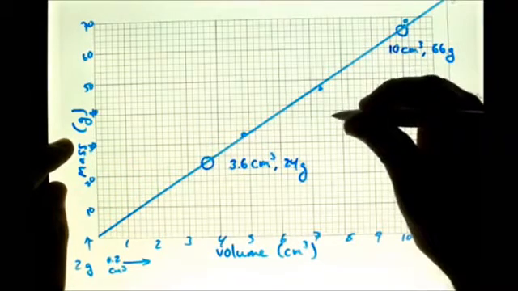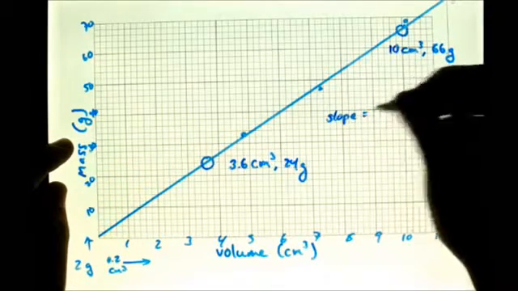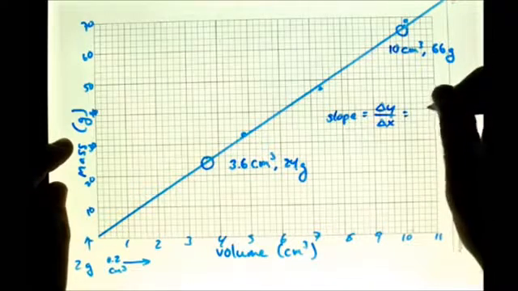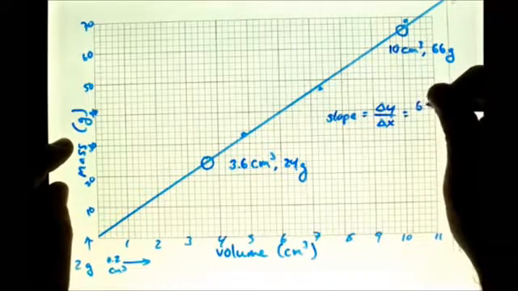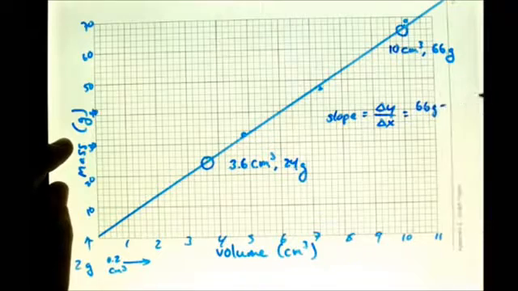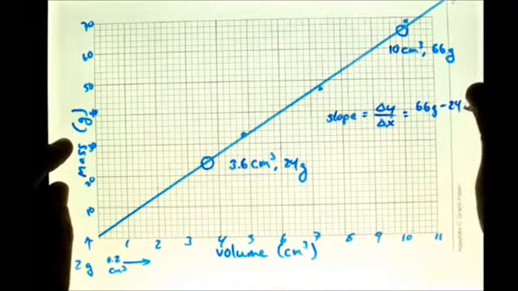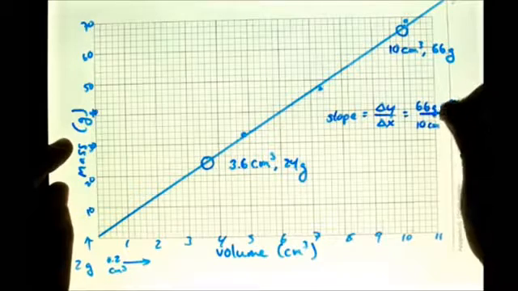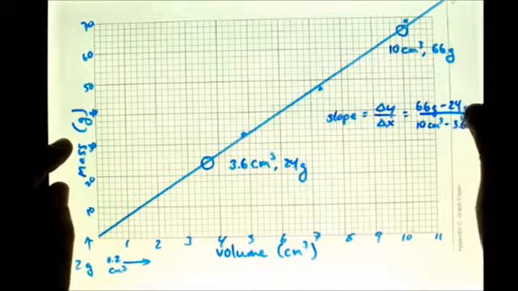And so we know that the slope is going to be delta y over delta x, and so that will be 66 grams minus 24 grams over 10 cubic centimeters minus 3.6 cubic centimeters.